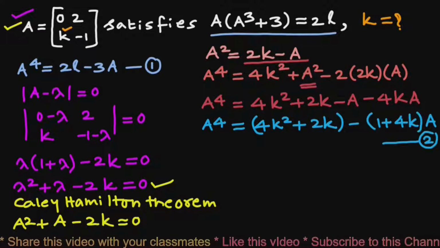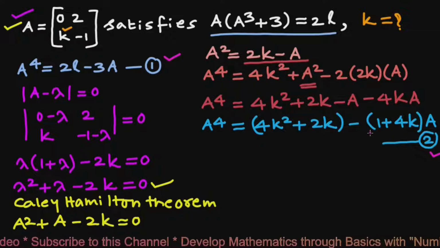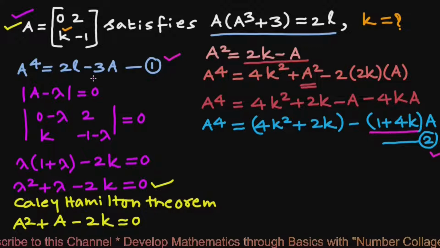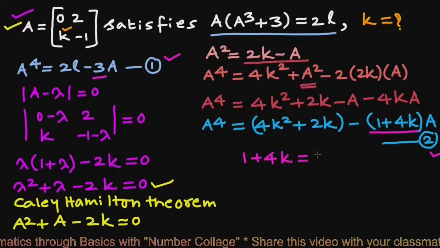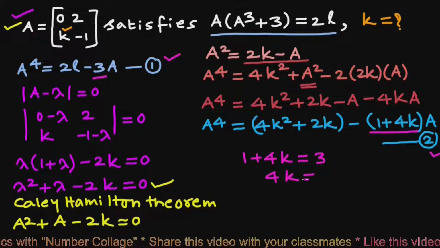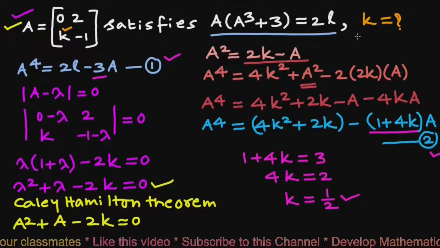Now we will compare equation 1 and equation 2 and find that 1 plus 4k equals 3. So 4k equals 2, k equals half. So this will be the value of k.